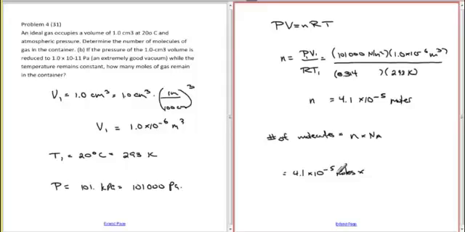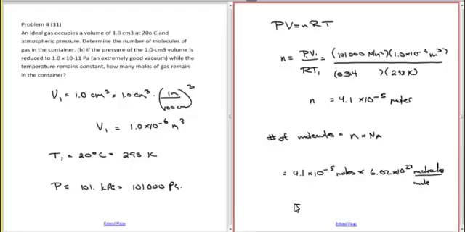Here we go. So it's in the back leaf, back of the back cover. Avogadro's number is 6.02 times 10 to the 23rd molecules per mole.